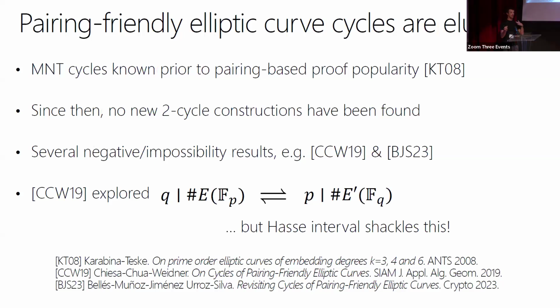The Hasse interval says that P and Q have to be very, very close to each other. They can only differ by about the square roots of each other. So if I let the number of points be, say, 2 times Q, and then I come over here and try to define an elliptic curve over FQ that's 1 bit shorter, there's no way I can reach a group order of P at all.